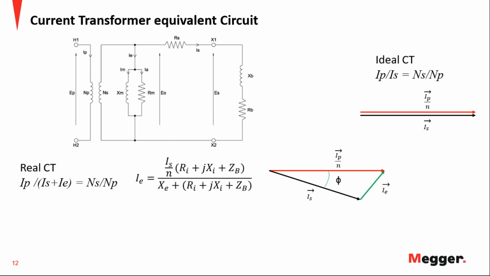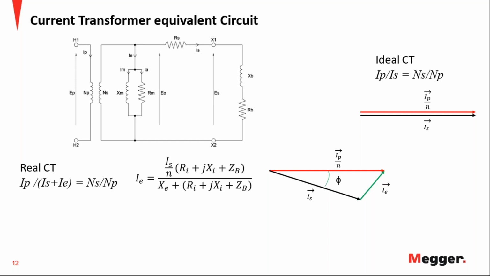So there are no real ideal instrument transformers, so you have some losses. And what those losses cause is that your magnitude on the secondary side is going to be deviated from the proportional current on the primary side in the magnitude, and then you're also going to have a phase deviation.